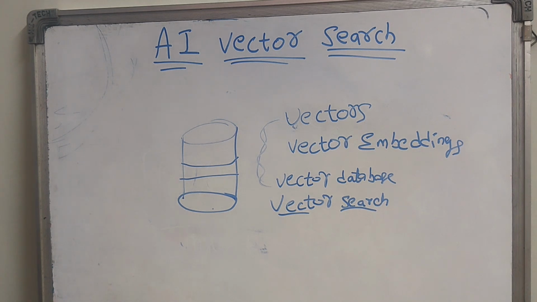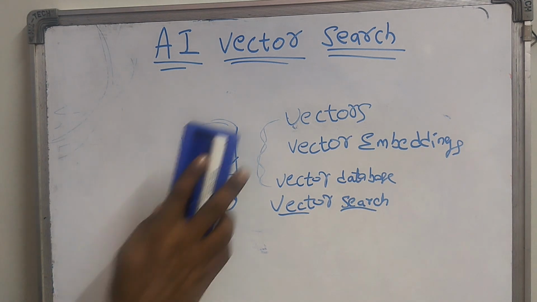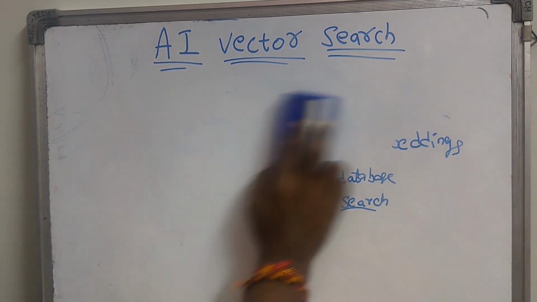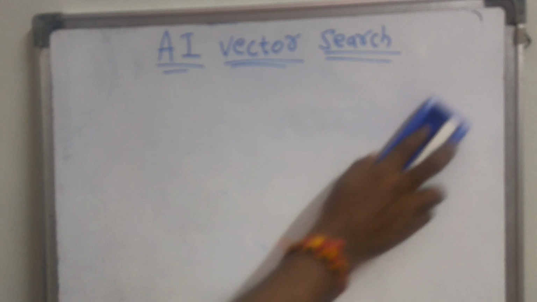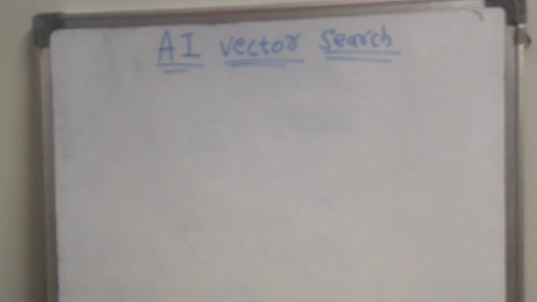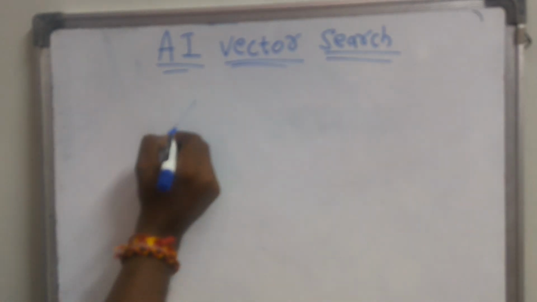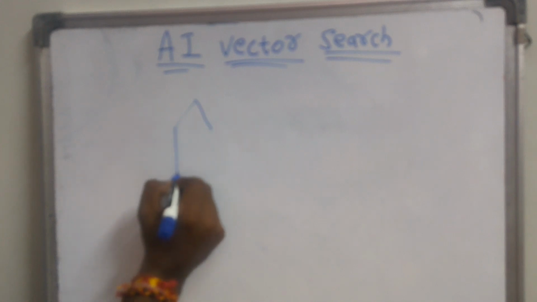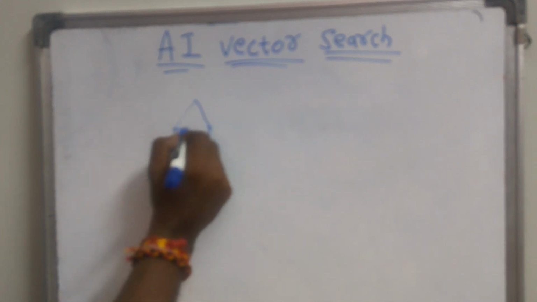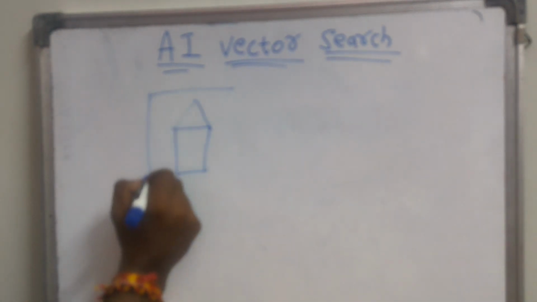So now let's go with an example to understand in more detail. Let's consider an image of a house, which we are going to convert into the vector representation.